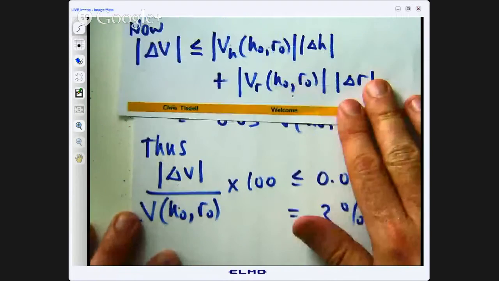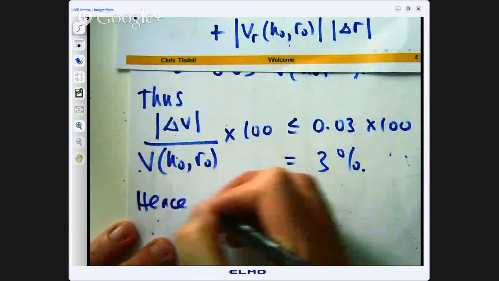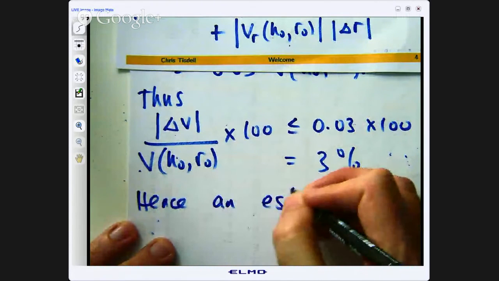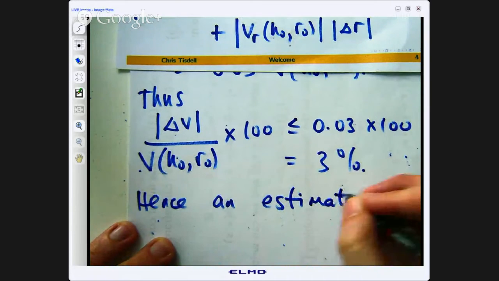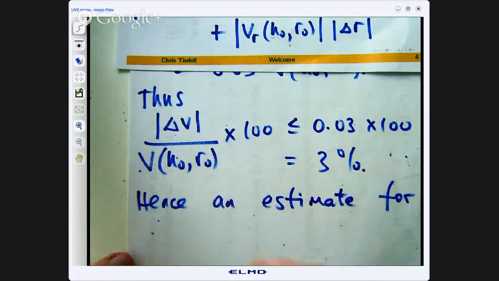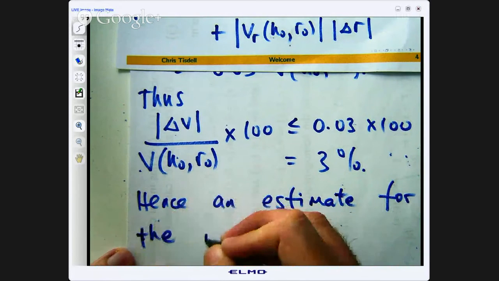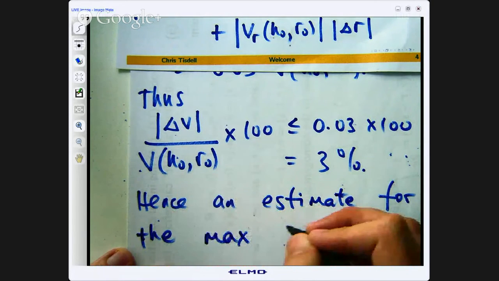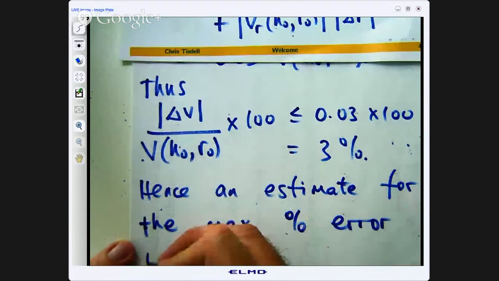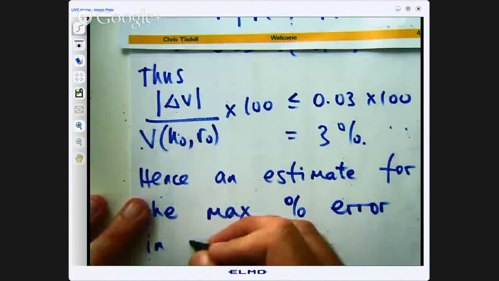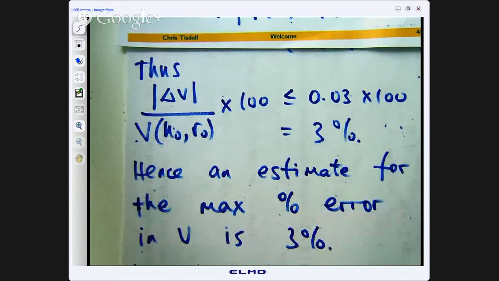All right, so let's write that down. The maximum percentage error in V is 3%.